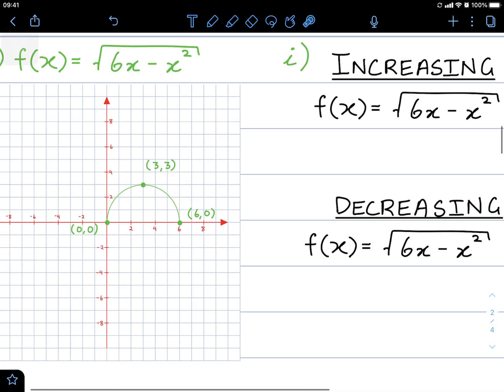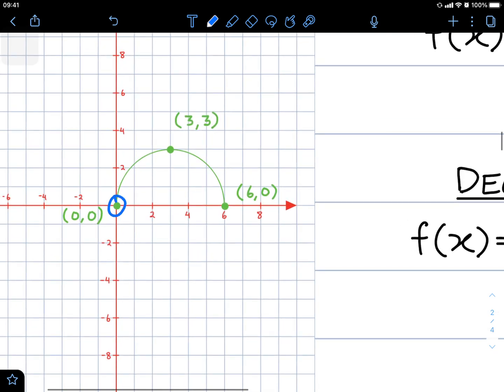A little piece of advice I can give you is find some stationary points. In this case, that is a stationary point. So for increasing, it would definitely stop at 3, not including 3. But for its lowest value, notice how if we try and draw a tangent at this point, at 0, it's actually abruptly stopping there.